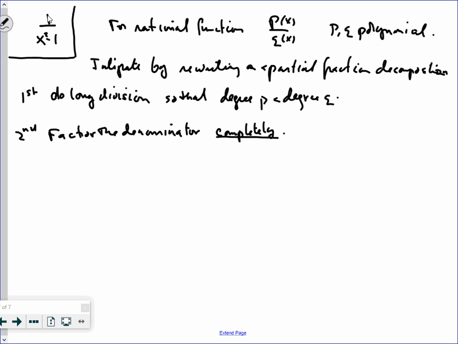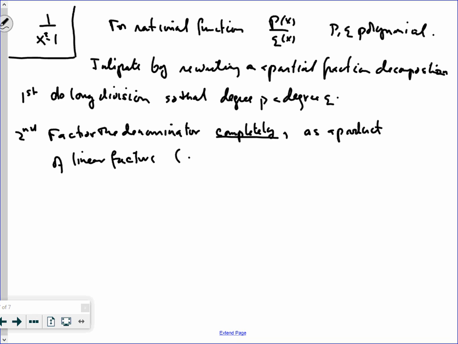Okay. Now here's where it gets tough. Completely means as a product of linear factors.